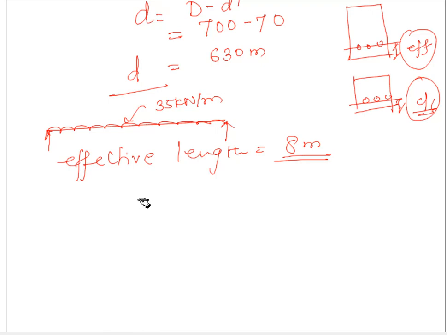There is also dead load due to the size of the beam, so next we need to calculate the loads. First is the dead load of the beam section.